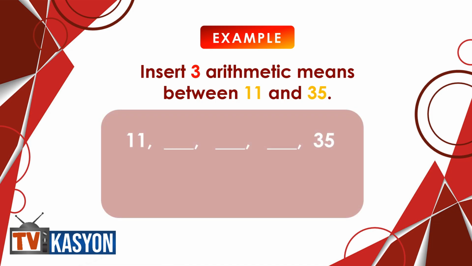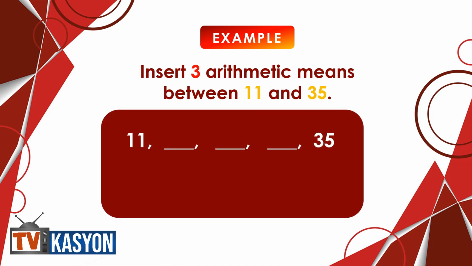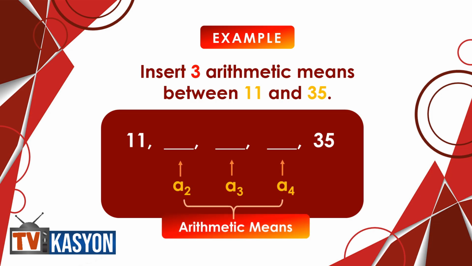Correct! There are 5 terms. Thus, we will insert the values of a sub 2, a sub 3, and a sub 4 in between a sub 1 and a sub 5. How are we going to do this? Exactly! We have to follow the 5-step guide.